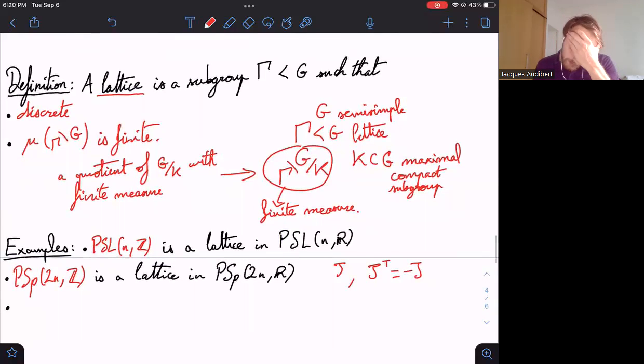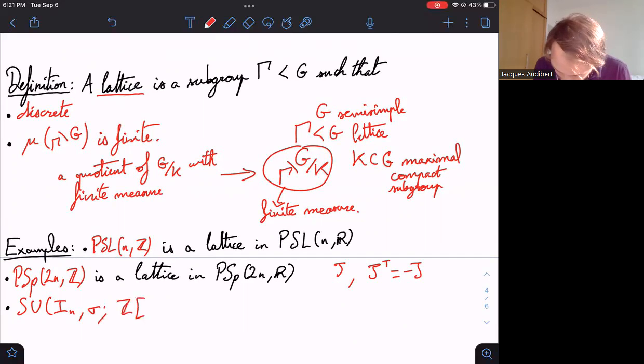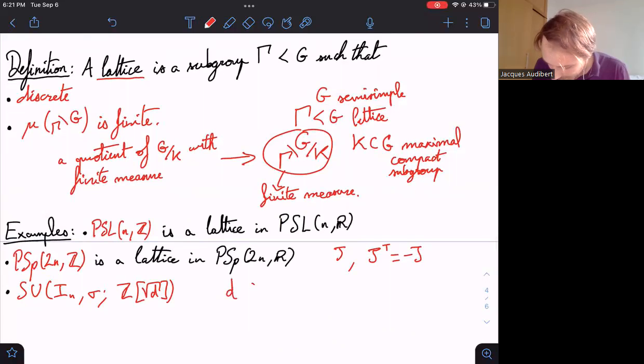So I can give you another example in PSL_n(R) of a lattice. For example, I can consider SU_n(σ, Z[√d]). What is this? d is in Z_+, not a square.